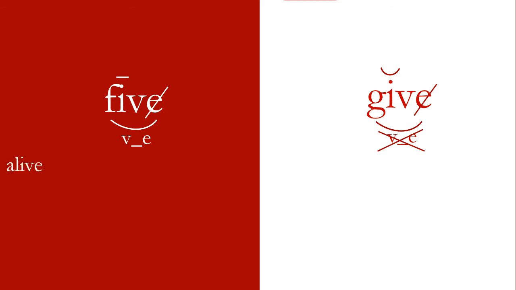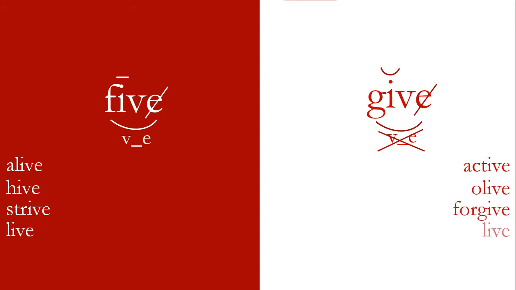So, on the left side, we have five, alive, hive, strive, which means to work hard to do something, and live. On the other side, we have active, olive, forgive, and, oh, wait a minute.